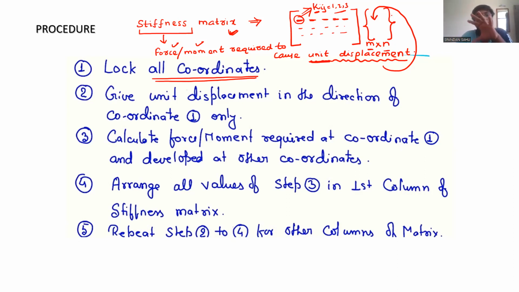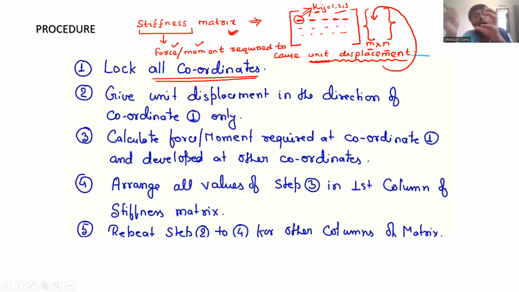But in stiffness matrix, what are our unknowns? While we are writing stiffness, we read about displacement method, and I have said stiffness matrix method is a kind of displacement method. So if stiffness matrix method is a kind of displacement method, then what will be the unknowns? Displacements will be the unknowns.